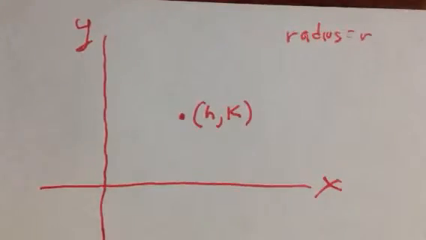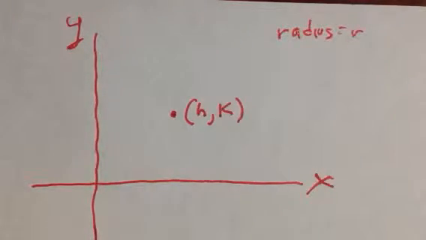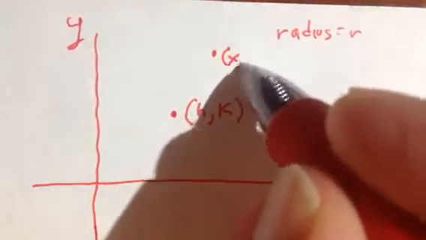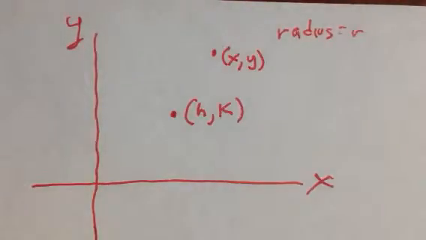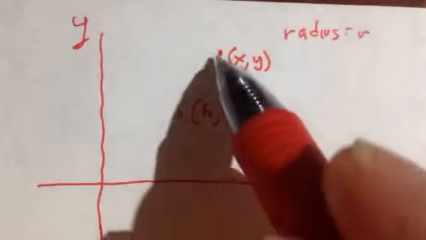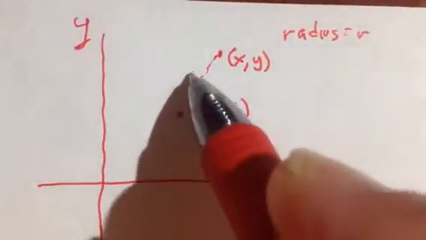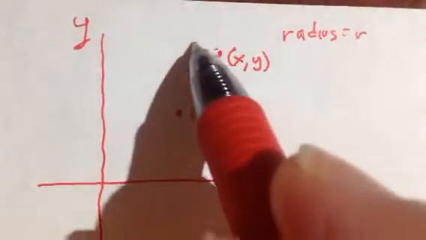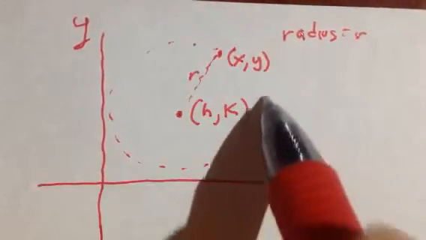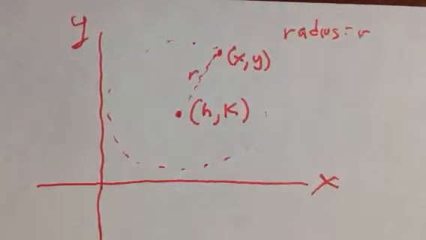And we want to find the equation for, in general, the point (x, y), which lies on the circle of radius r around the center of the circle (h, k). So this is going to be what the radius is going to be. It's going to basically trace a circle around (h, k) of radius r. So how do we come up with the formula for this?